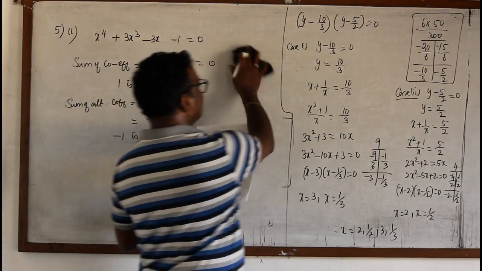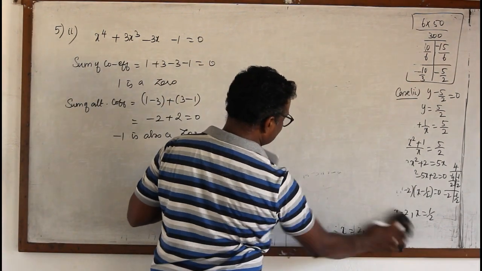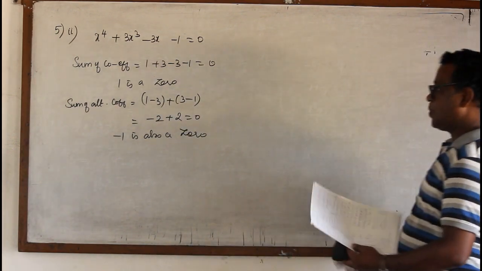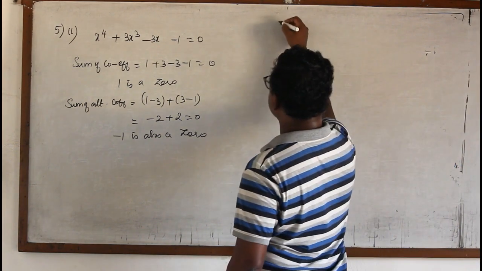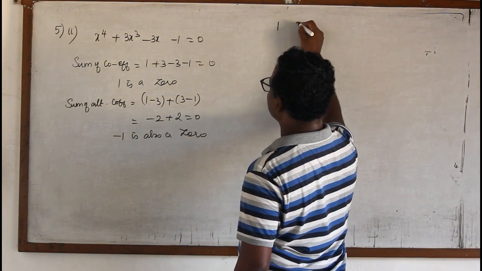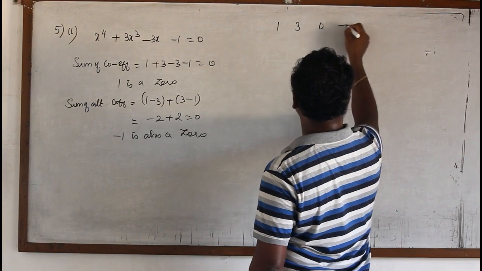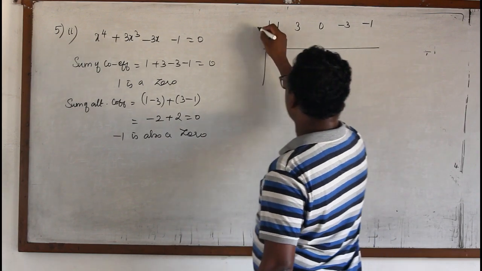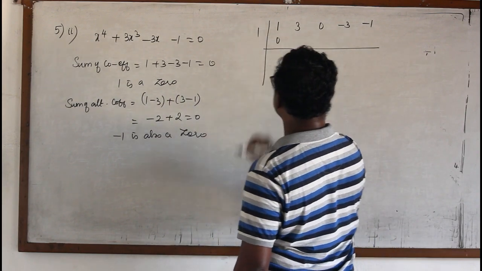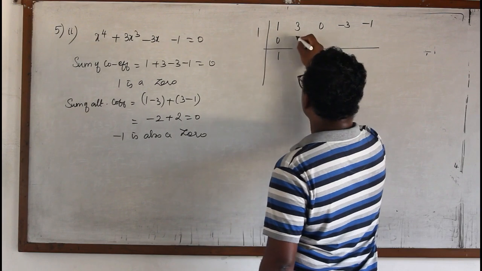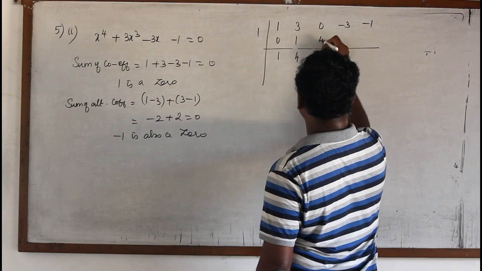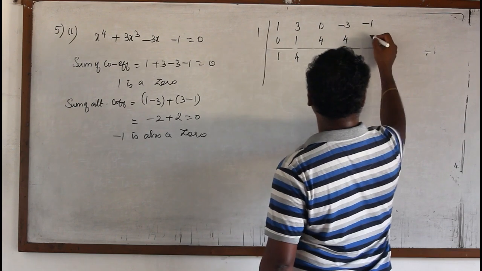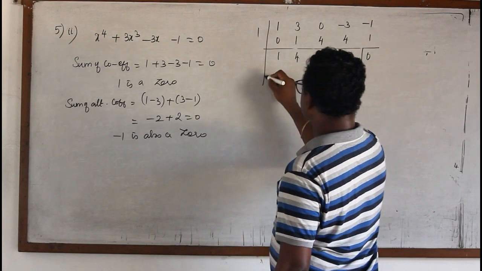So since 1 is a root and minus 1 is also a root, we can go like this. The coefficient of x⁴ is 1, 3, there is no x² term, minus 3, minus 1. Let me try with 1 or even with minus 1, so it is 0, 1, 4, 4, again 4, 1, and the remainder is 0.